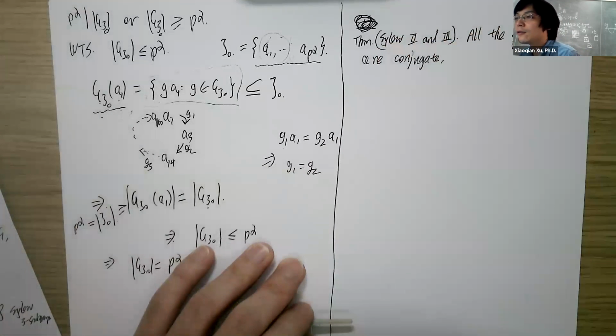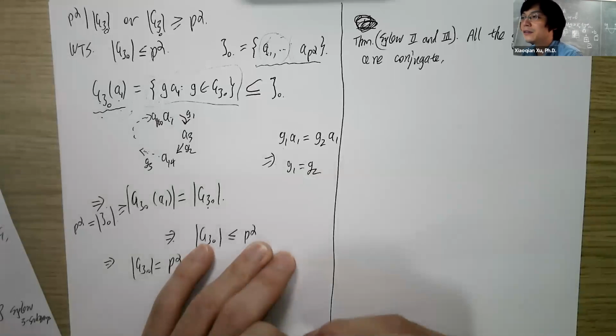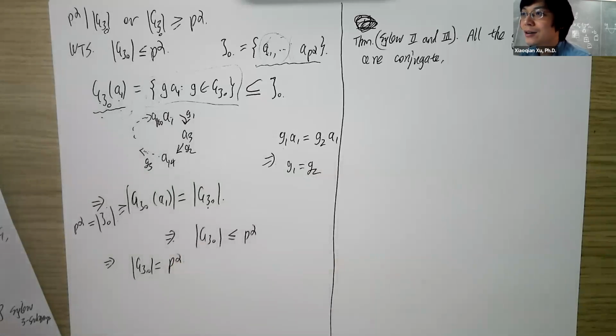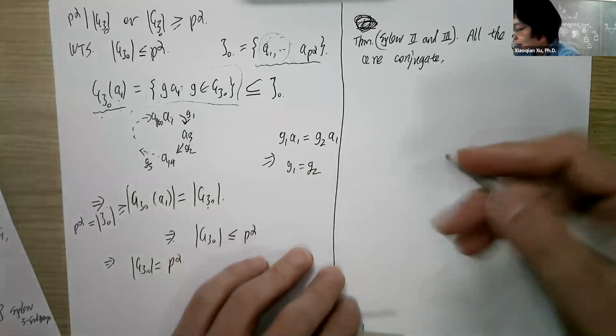Which means if you use G acting on the set of Sylow p groups, and this action is by taking the conjugate of each group, then eventually this action is transitive. You only have one orbit of this action.